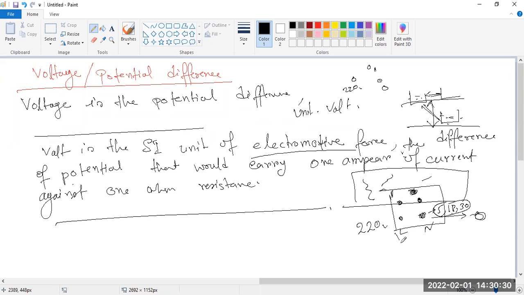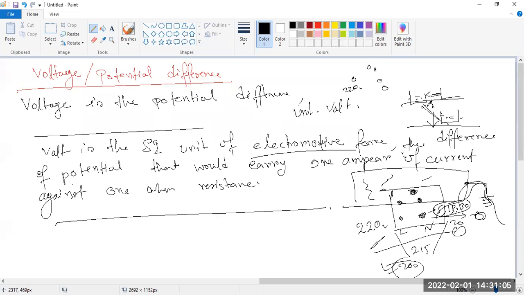So what happens? We are getting exactly the potential difference. If this is 5 volt, then we are getting 220 minus 5, 215. If this is 18 or 20 volt, we are getting 200 volt. So that's why we need to make an earthing of this stray field. If we make an earthing or grounding, this amount of voltage will go to the ground, so it may be zero.